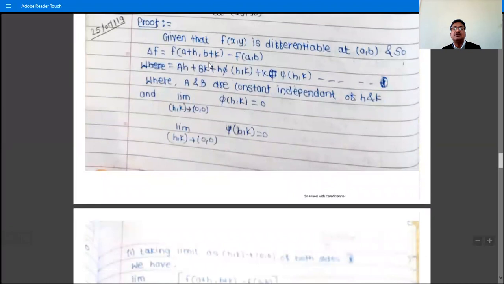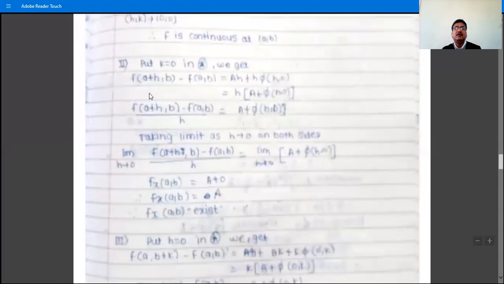The value of k is 0, so this term becomes 0, h times phi(h,0) and that term is also 0. So we have f(a plus h, b) minus f(a,b) is equal to Ah plus h phi(h,0). Then take h as a common factor on the right side and shift it to the left side.